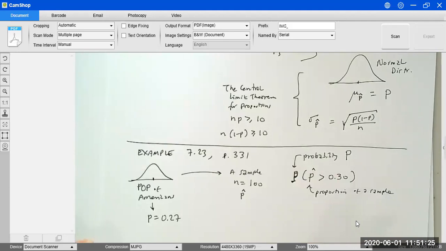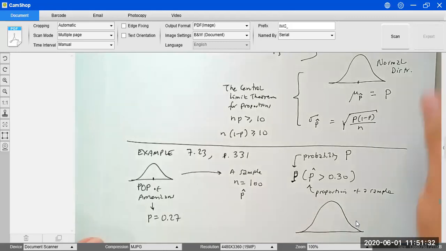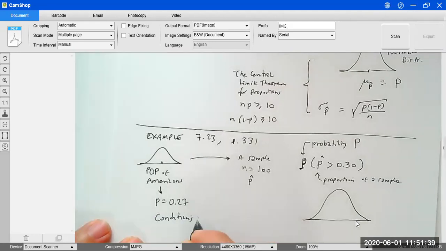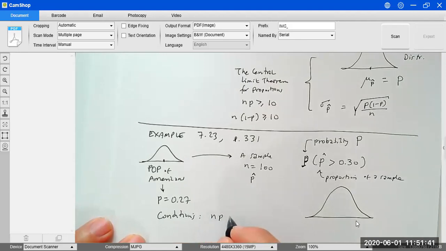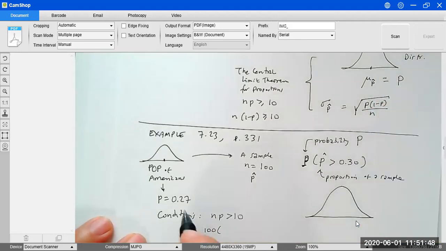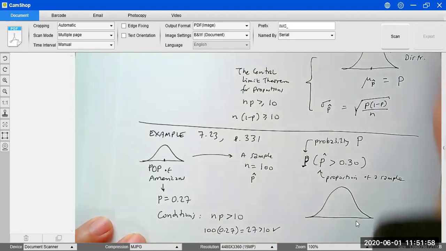We're going to use a distribution that can be used as long as we satisfy the central limit theorem conditions. So let's check the conditions. N times p should be greater than 10. We have n equal to 100 and p equal to 0.27, so this is 27, which is greater than 10. The condition is satisfied.